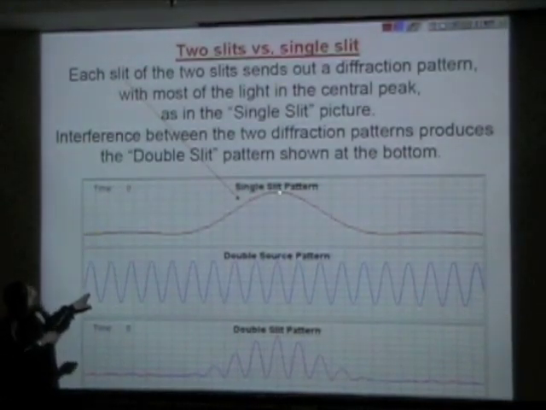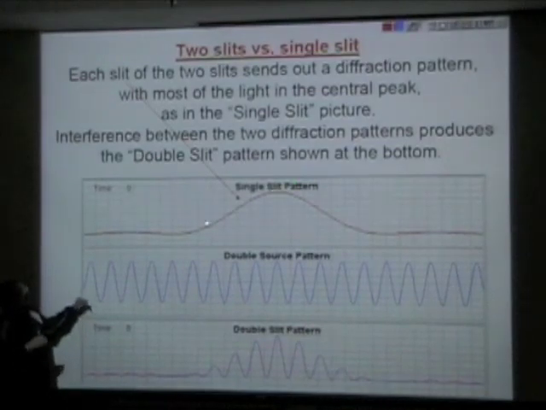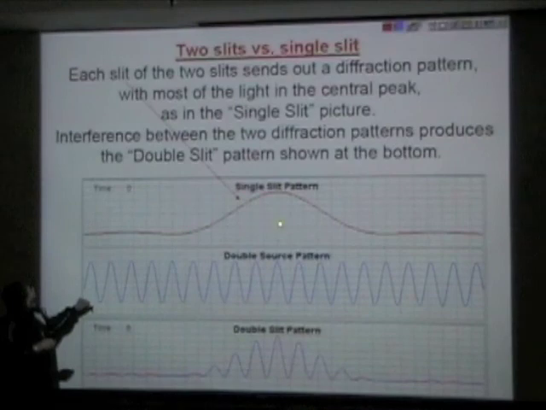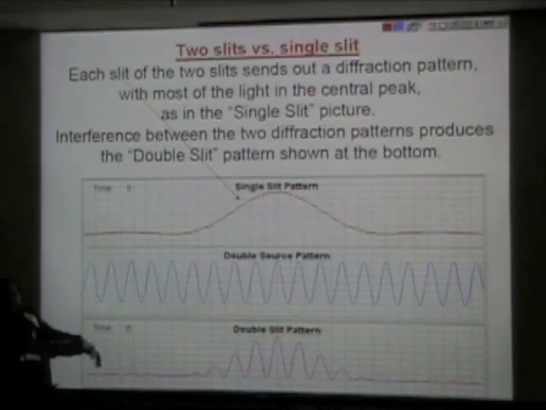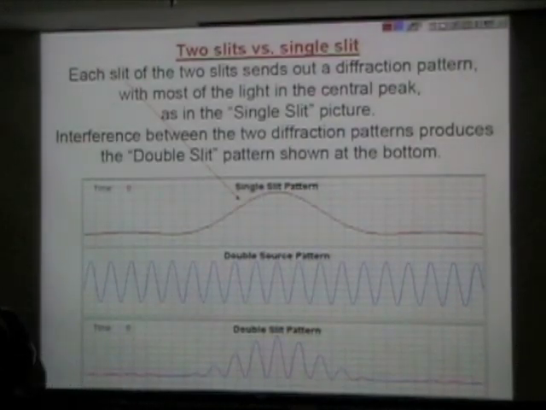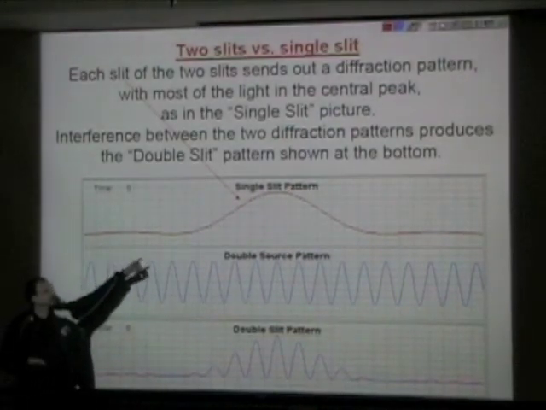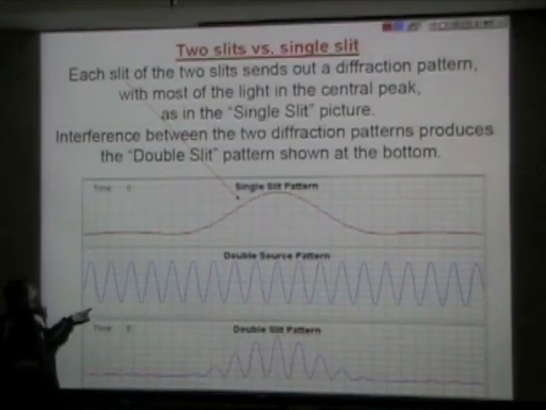This is what we observe for single slit interference: minimum number 1, minimum number 2, and light between the minima. Well, the double slit pattern seems like a combination of these two. We just take this shape and we use it as an envelope for this one.